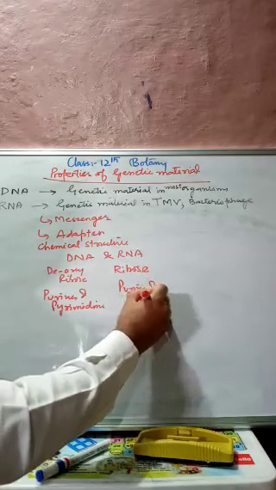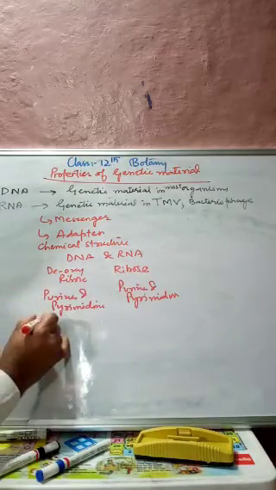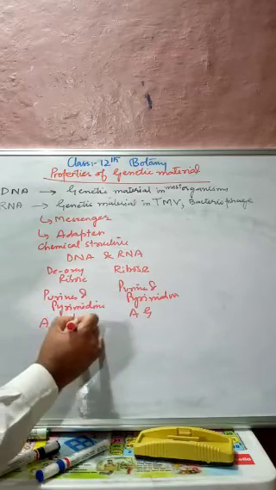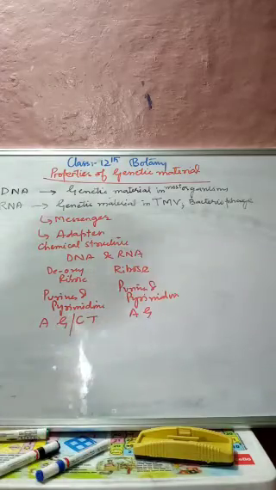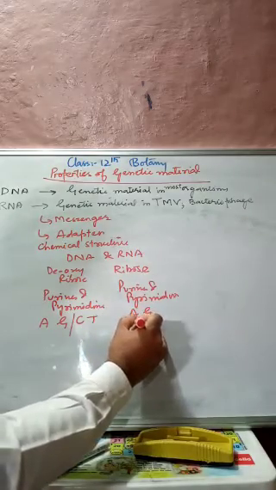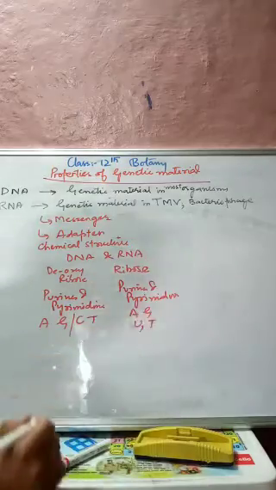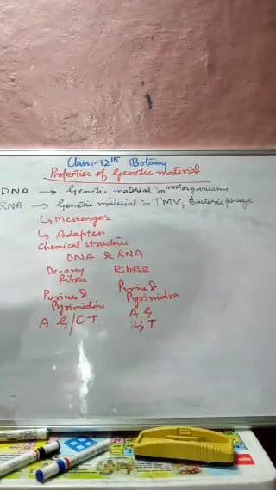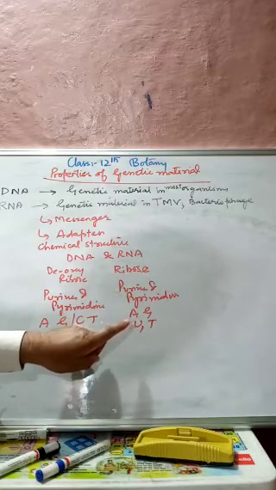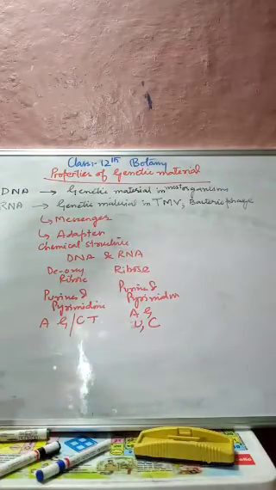Now see where the difference lies. In case of purines, we have adenine and guanine, present in both cases. In case of pyrimidines, we have cytosine and thymine in DNA, while in RNA there is uracil instead of thymine.